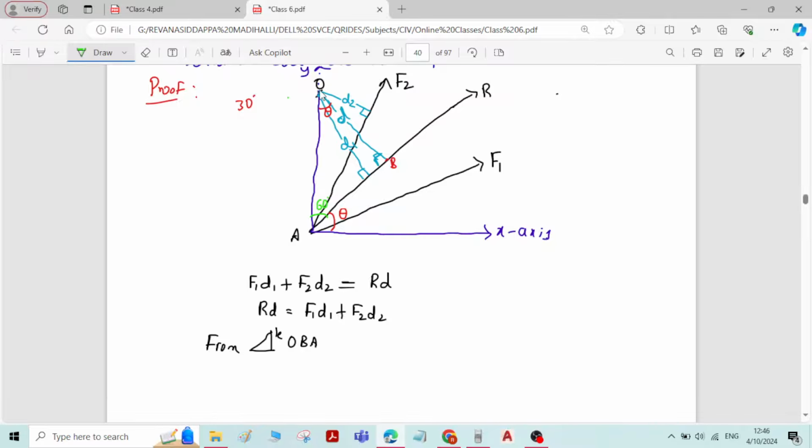Now if you take the angle at A with the x-axis, it is also a right angle, so 90 minus 60 gives 30 degrees. Therefore we can say that angle theta is equal to angle AOB, that is theta. I hope this is clear for you.